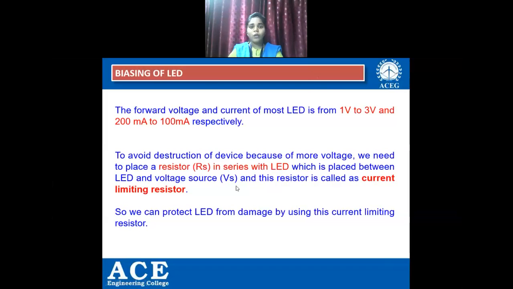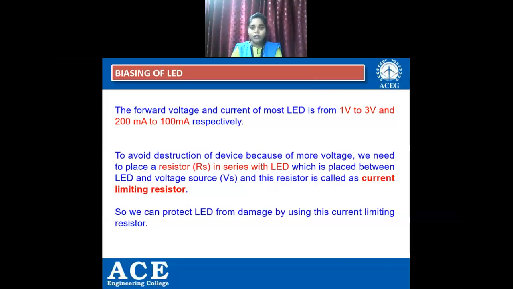The forward voltage and current of most LEDs are from what? 1 volt to 3 volts, and current is of 200 milliamp to 100 milliamp respectively. Clear? To avoid destruction of the device because of more voltage, we need to place a resistor, that is RS, in series with the LED.